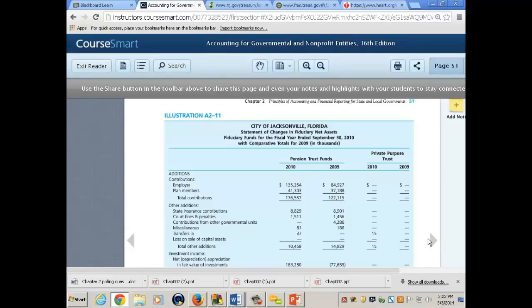So how many altogether? 2 government-wide, 2 governmental funds, that's 4, 3 proprietary, that's 7, and what did I miss? Fiduciary, which is what? Another 2, plus 2 reconciliations, remember.